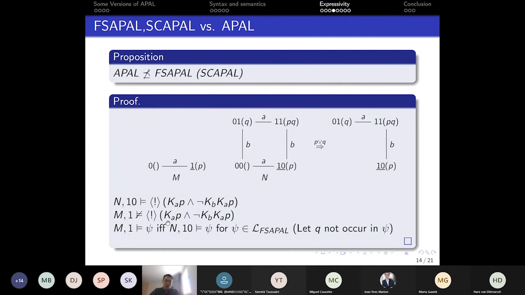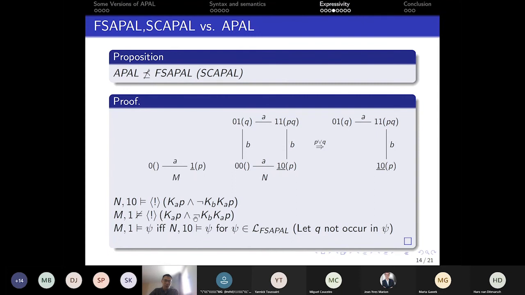However, this APAL formula cannot be true on M1. This is because KAP and not KBKAP is false either on this model or the singleton M1. So this APAL formula is false on M1.